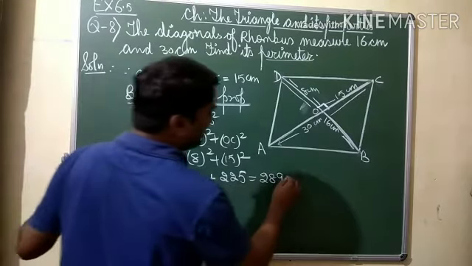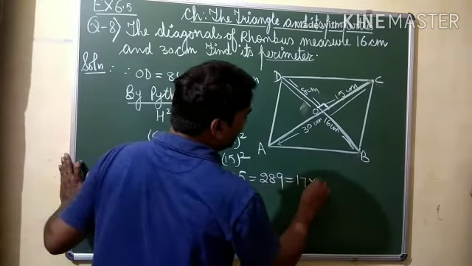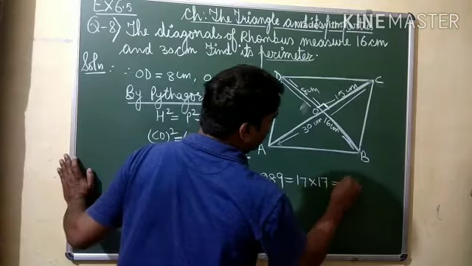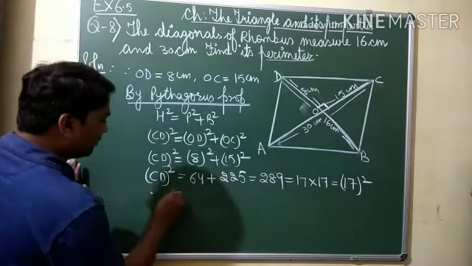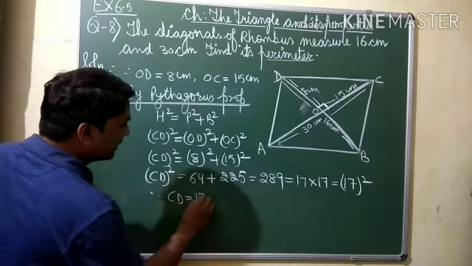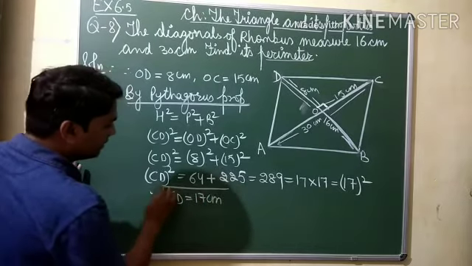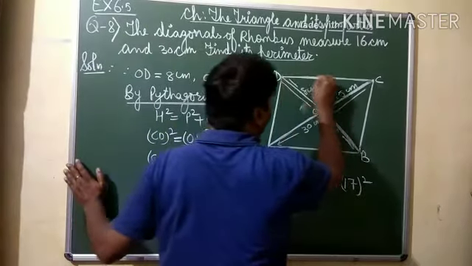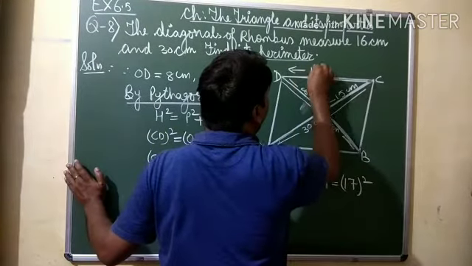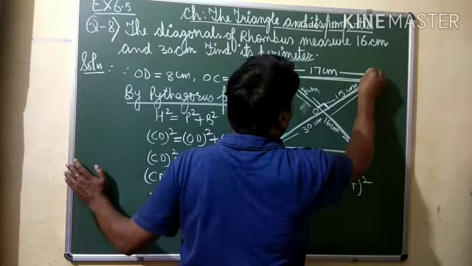And 289 can be written as 17 multiplied by 17, which can be further written as 17 square. Therefore, we get CD is equal to 17 centimeter. Means side of rhombus is equal to 17 centimeter.